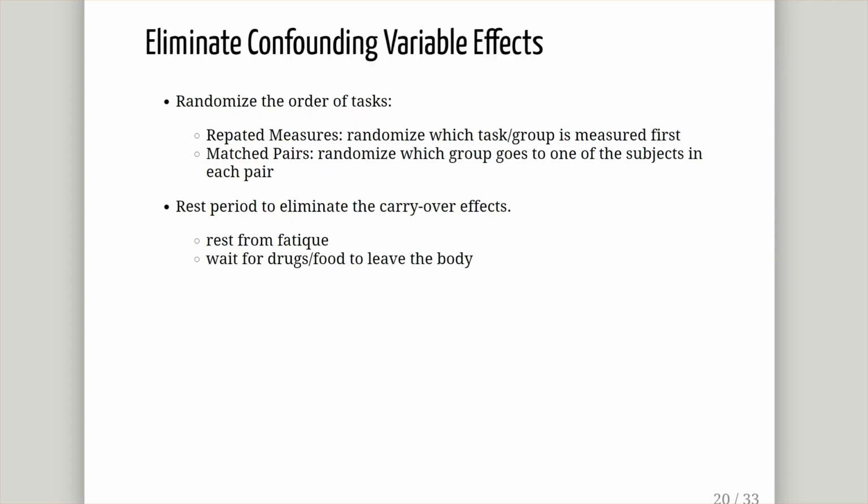Paired designs actually eliminate confounding variable effects except two confounding variables. The first confounding variable is the order of tasks. You don't want task A to always be first and task B to be second. Instead, you want to randomize and say group A is first for this pair, group B is first for the second pair, group A is first, group A is first, group B is first, and so on.